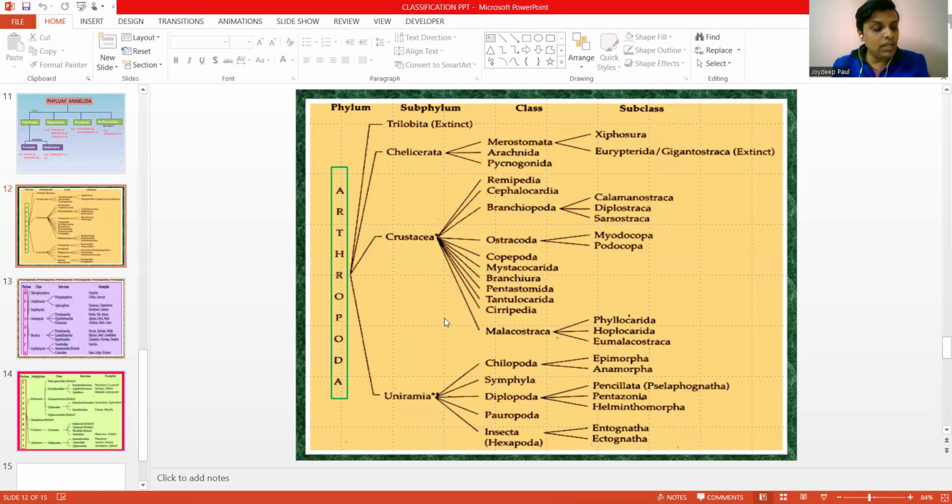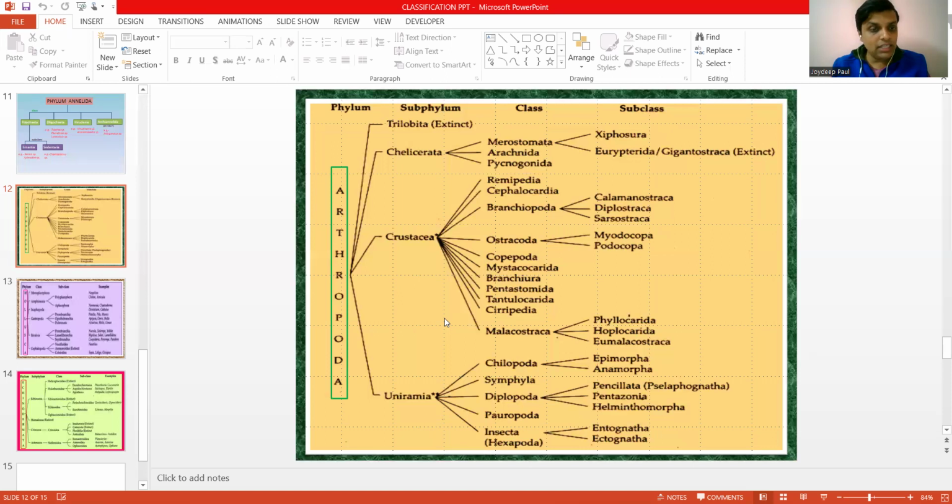The first characteristic point is kingdom, which is definitely Animalia. Then habitat, mostly terrestrial, also can be present in aquatic conditions. Third, body is divided into three segments: head, thorax and abdomen. Head and thorax are fused in some animals, called cephalothorax.